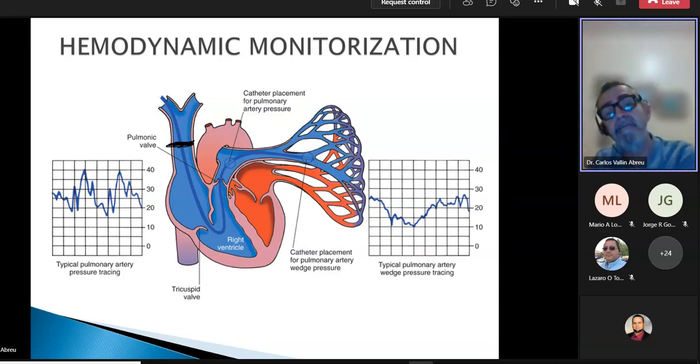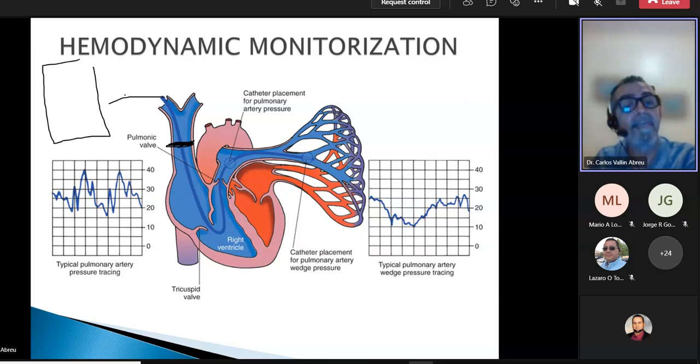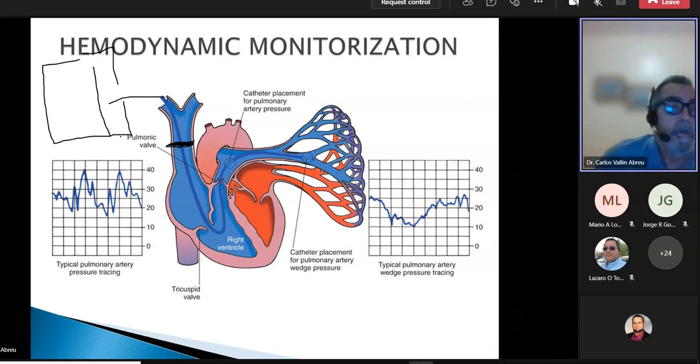There, this catheter is connected to a computer. Computers and transducers are technical devices that can measure pressure in a much more advanced way, not so primitive like with a ruler, you know. And for that reason, those pressures are measured in millimeters of mercury, because they are measured with a computer and a transducer.